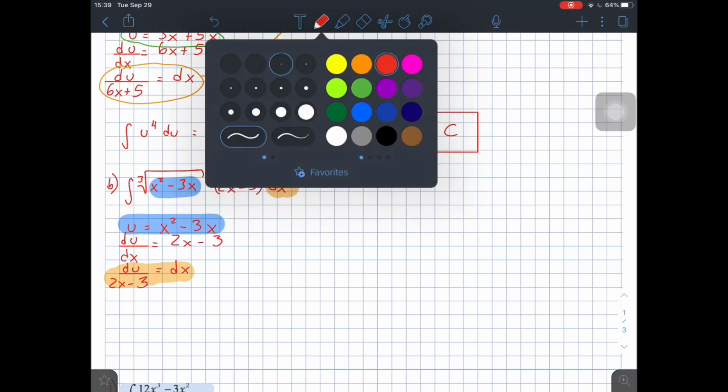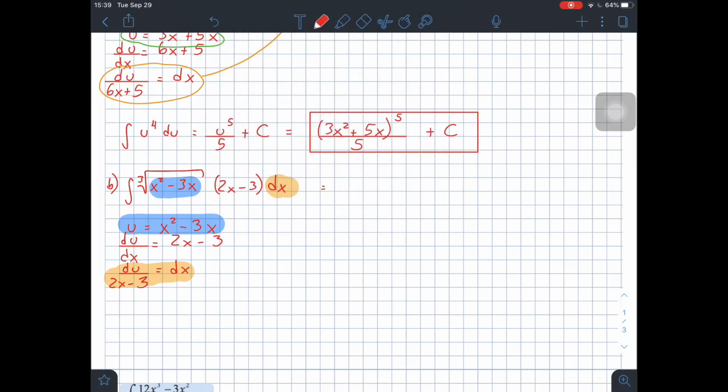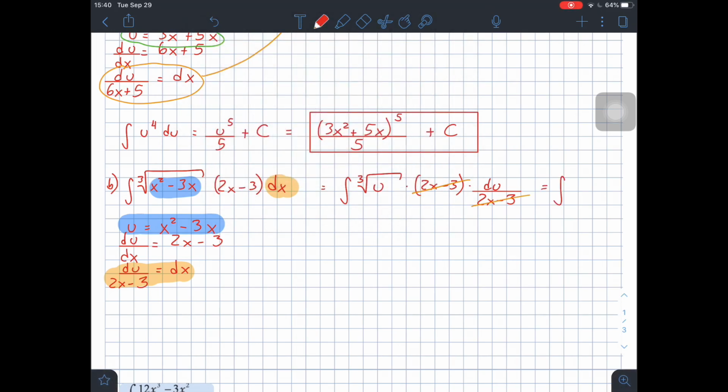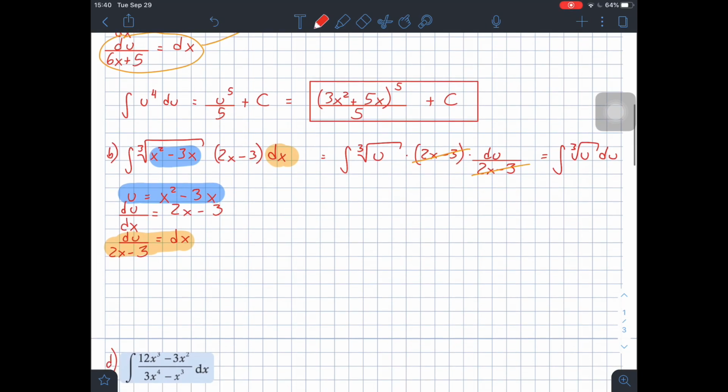Okay, so we're going to say that this is equal to the integral of the cubic root of u times 2x minus 3 times dx, where dx is this expression here, du over 2x minus 3. So once again, I see that we simplify 2x minus 3, and we just need to find the integral of the cubic root of u with respect to u. And this looks much simpler and easier than what we had at the beginning.